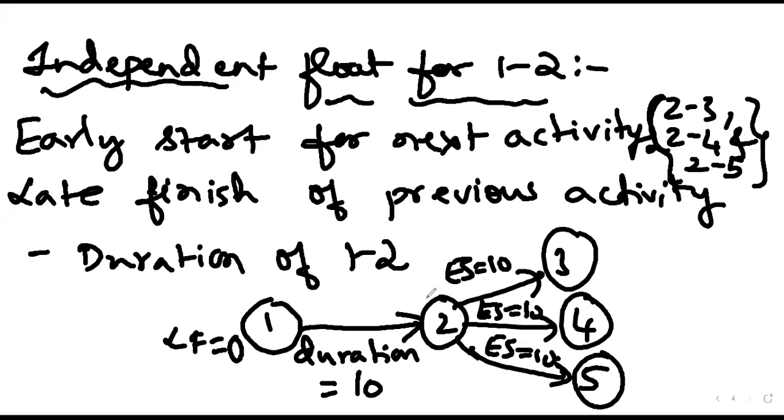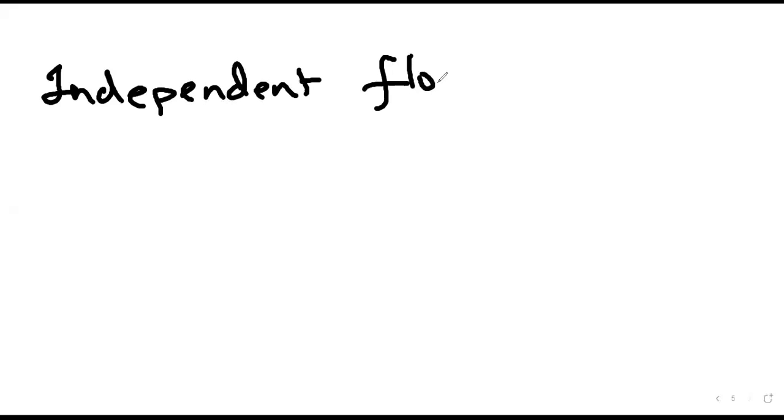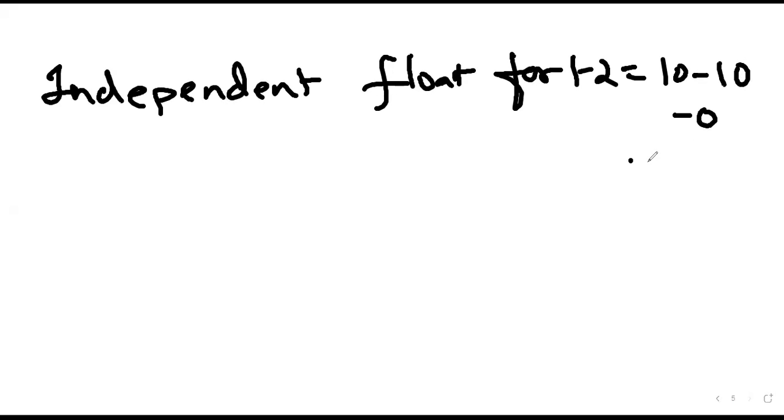Answer is equal to 0. If anyone wants me to go back to the previous screen, just let me know. Independent float for 1-2 is equal to 10 minus 10 minus 0. Answer is 0.